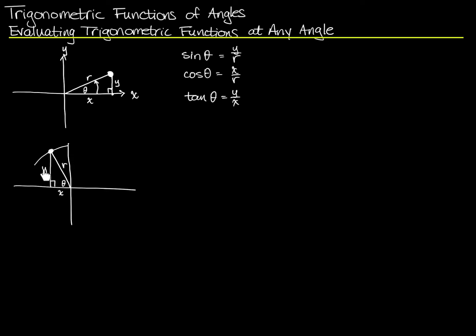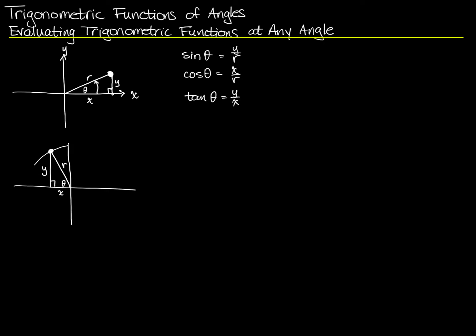Down here, the opposite is y, the adjacent is x, and the hypotenuse is r. So the cosine of this angle is adjacent over hypotenuse, x over r, and that's what we have here. So it doesn't matter which of the 4 quadrants we're in, if I set my angle up and then drop a vertical, I'll get those same 3 relationships, those same 6 relationships, right?